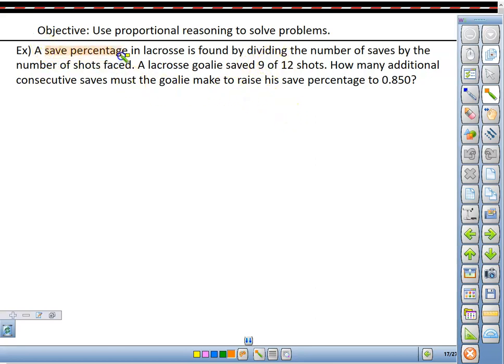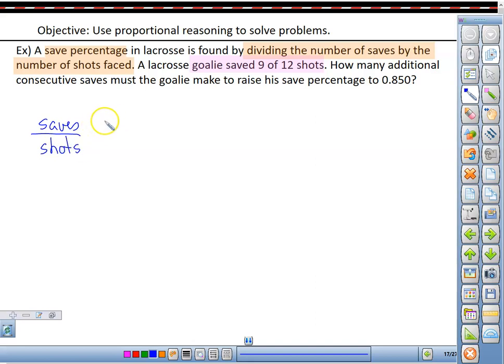So our save percentage is the division of the saves by the number of shots that have been faced by that player. So it says a lacrosse goalie saved 9 of 12 shots. And so that's our starting ratio. So we have these saves to the shots faced starts out at 9 to 12.